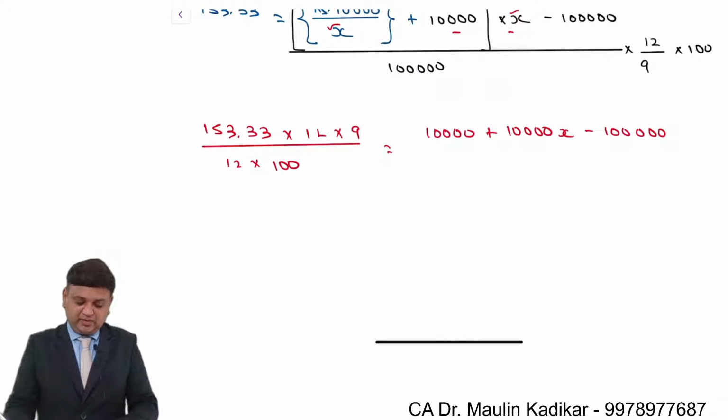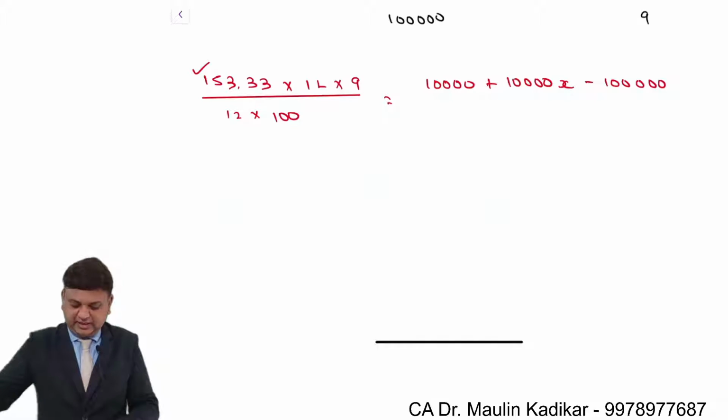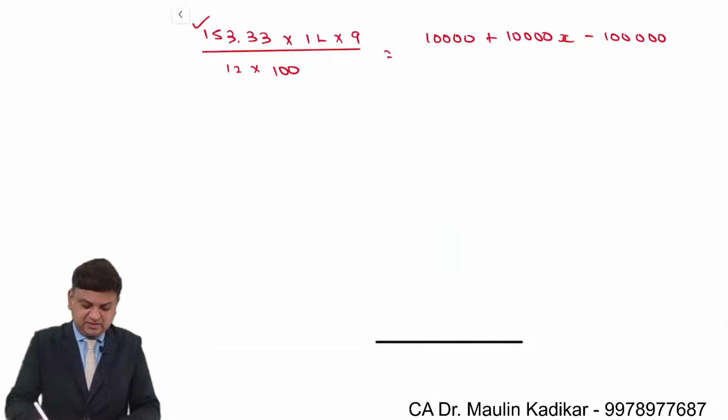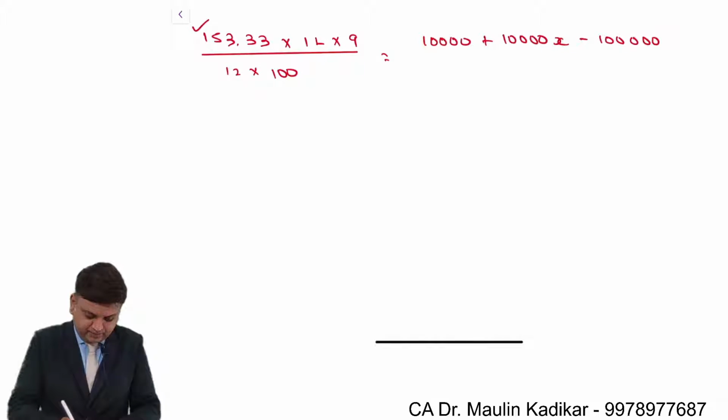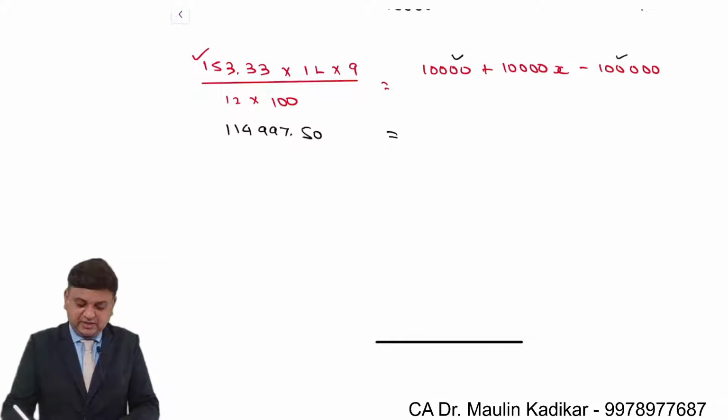This is the way we are required to make the computation of answer. So 153.33 into 1 lakh into 9 upon 1200. So again the same answer, 1,14,997.5 is equal to, difference of these two is negative 90,000.